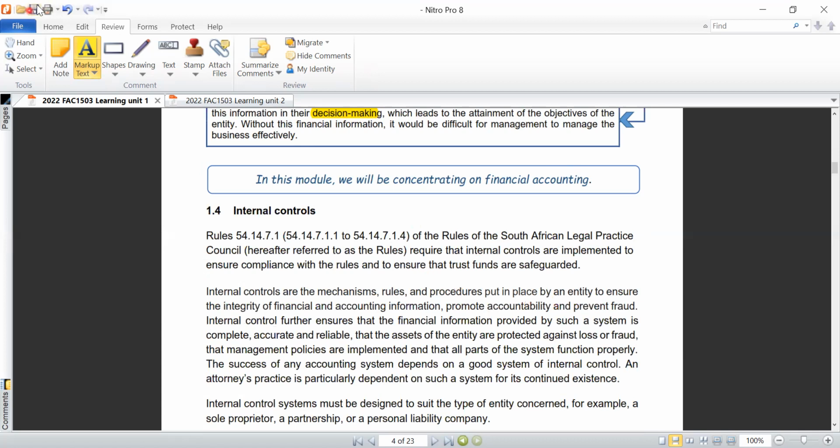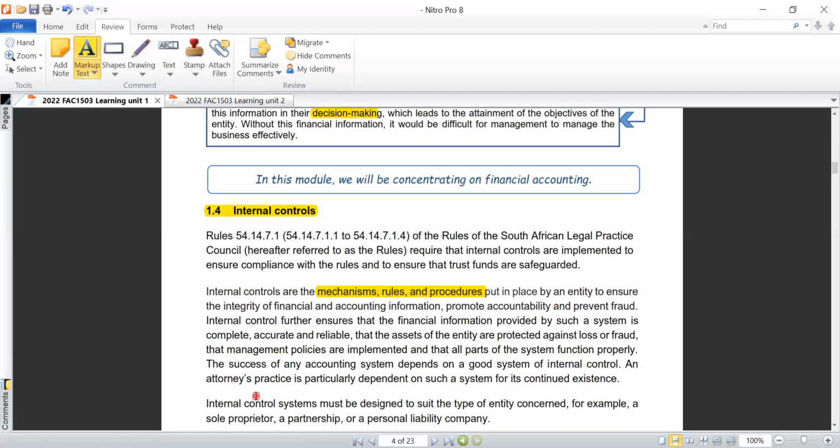Now let's talk about internal controls. So with internal controls, so that you understand what these are, like any other business organization, you cannot run your business without rules of conduct, without having mechanisms, rules and procedures in place so that your business activities are done accordingly.